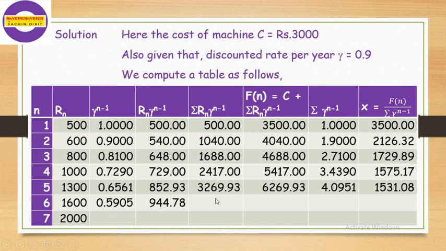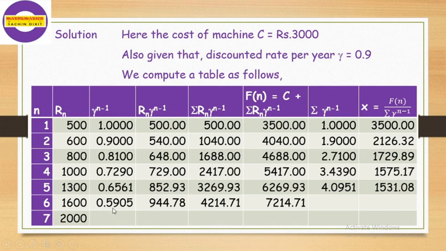Now we add this value to 3269.93, we get 4214.71. Then we add this value to the cost of the machine, so we get 7214.71.